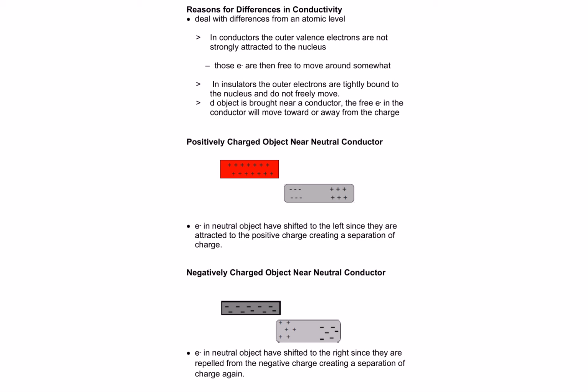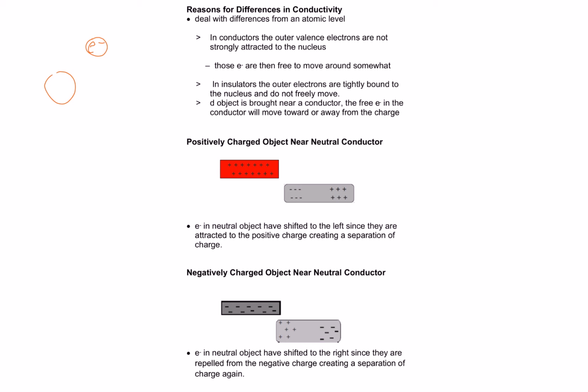At an atomic level, remember we have our electrons orbiting the nucleus, somewhere way out beyond the nucleus. Those electrons are free to move around in a conductor. In an insulator, they're pretty tightly bound to the nucleus.